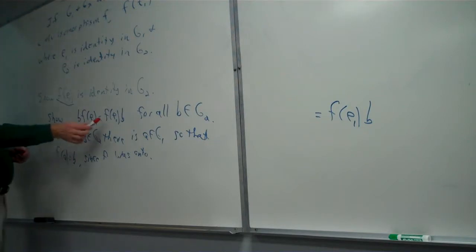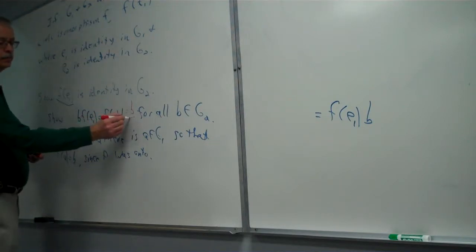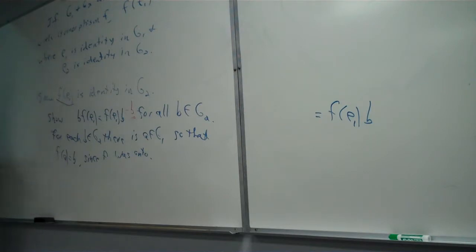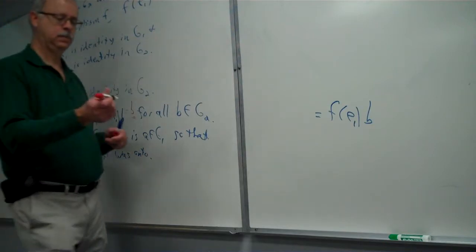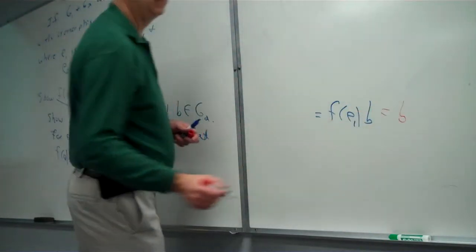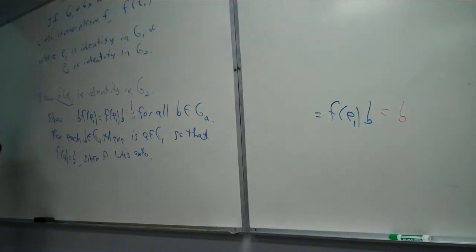Not only do we want to show this, we want to show this is equal to B. Okay. So at least now we've got F of A times F of E1. Anybody see anything we can do with that?